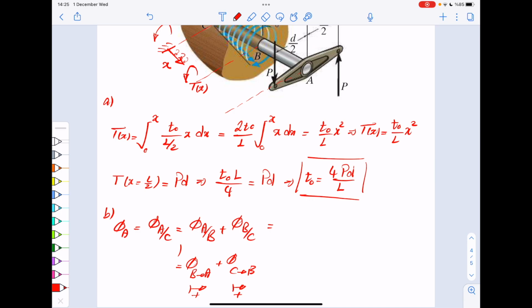Now, all you have to do is to just integrate, from B to A, the relationship that we had, T dx divided by GJ, plus integrating from C to B, T dx divided by GJ. All right?